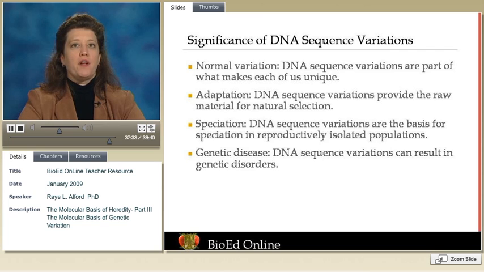DNA sequence variations are a normal part of the genetic composition of every living thing. Only identical twins share identical genomic DNA. But even identical twins can have differences in their DNA if sporadic mutations occur after twinning. Changes in DNA are the basis for the adaptation, evolution, and speciation of living things. Variations in DNA are also the basis for susceptibility or resistance to genetically influenced disorders.